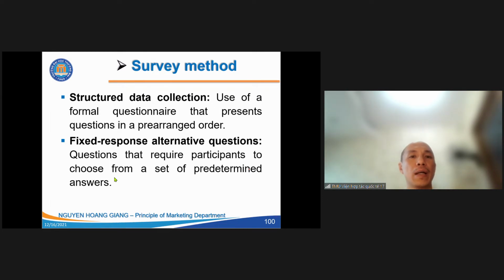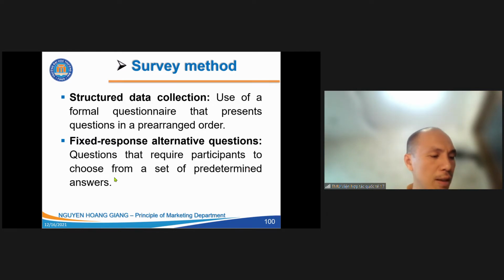For structured data collection, we use questionnaires that may include from 5 to 20 or sometimes 100 questions that we can send to the respondents, the participants, to know how they answer.